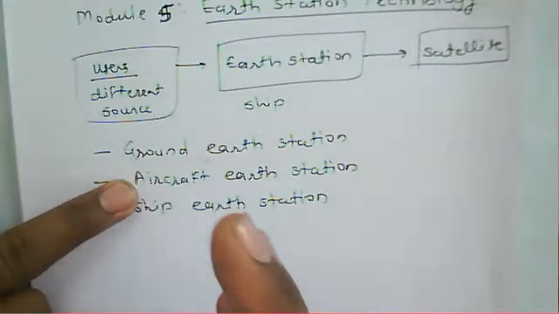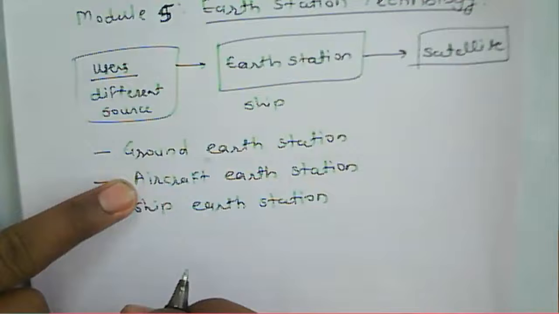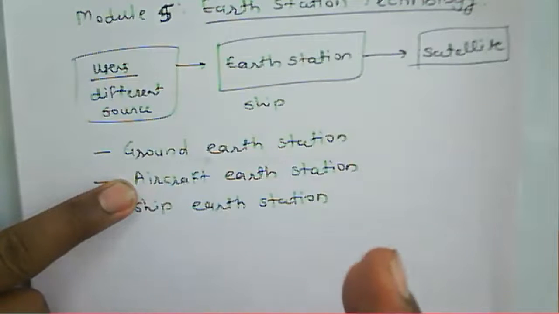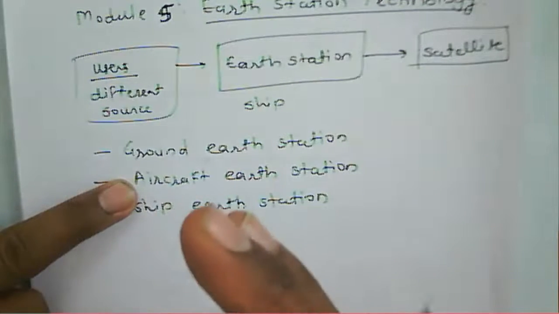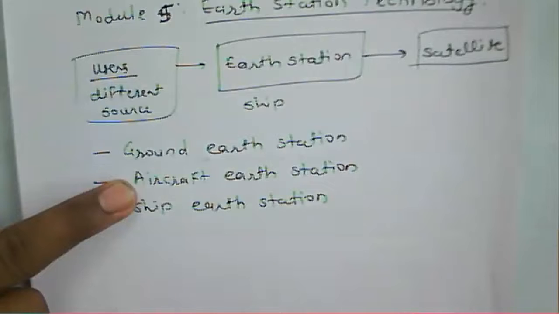Now another way to categorize the earth station is based on the type of antenna there.